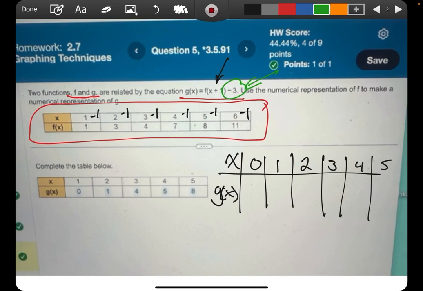So I'm going to go minus 3 for each one. 1 minus 3 is negative 2. 3 minus 3 is 0. 4 minus 3 is 1. 7 minus 3 is 4. 8 minus 3 is 5. And 11 minus 3 should give me 8. So we subtracted 3 from each of those values.